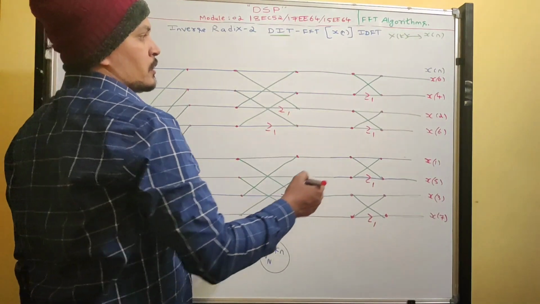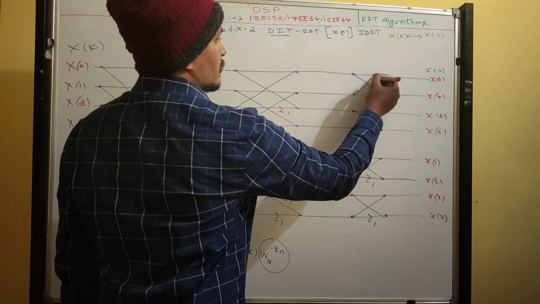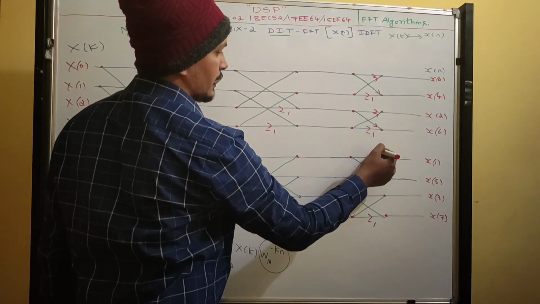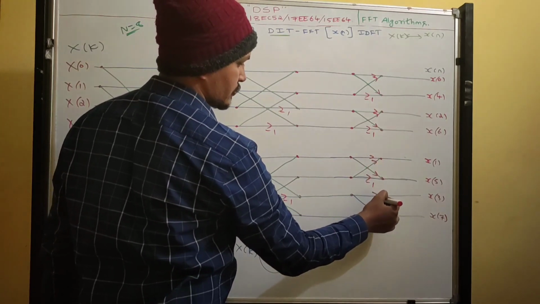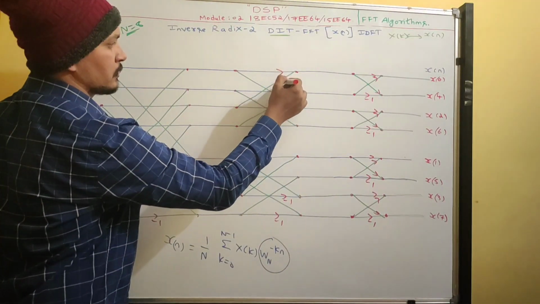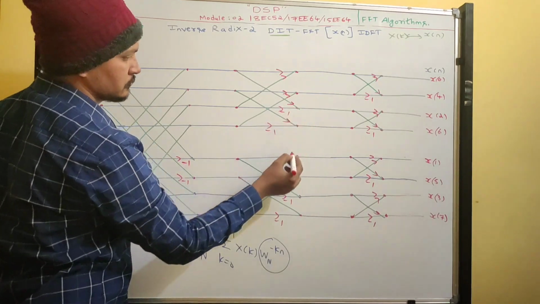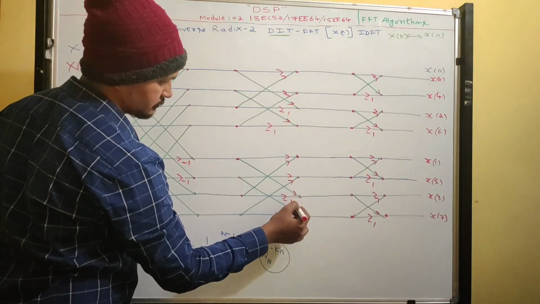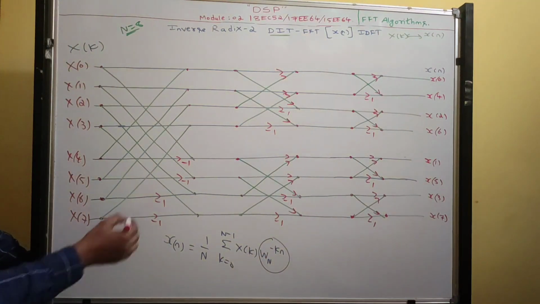So now you should write arrow marks entering the dot. For each and every dot, you should enter like that.